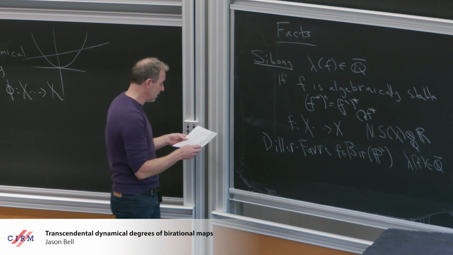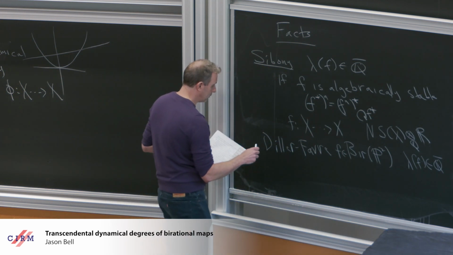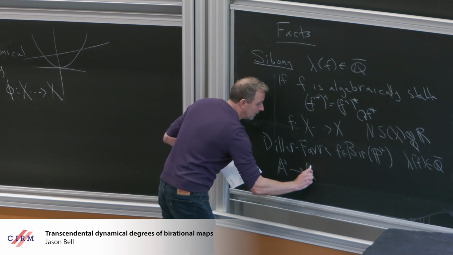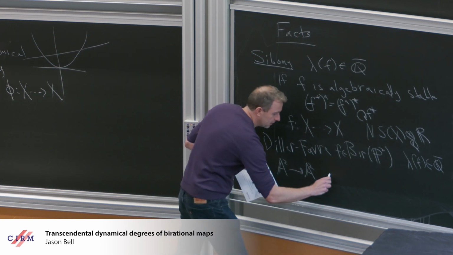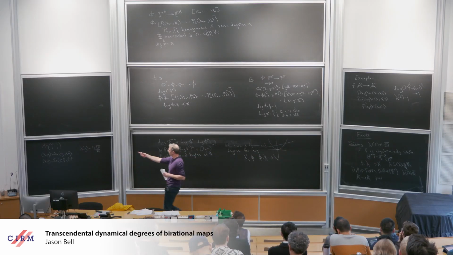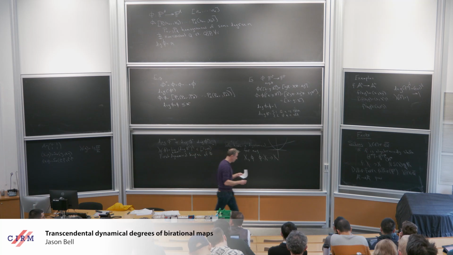Favre and Jonsson, Mattias, they showed that for maps of A2, you always get a quadratic integer. So things like this fit with this sort of thing.